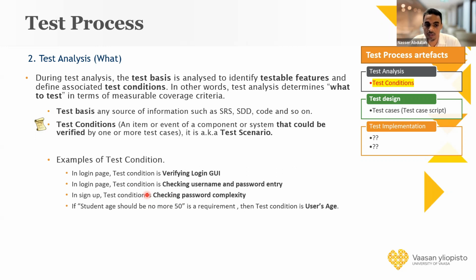Since there is a requirement, this is a test condition, something that should be verified, because later we can use this test condition to define test cases in the next phase.